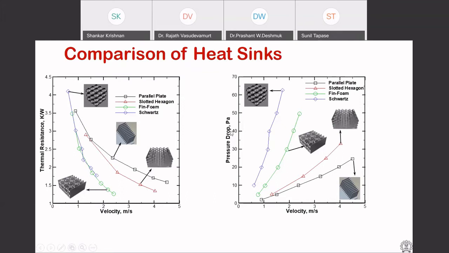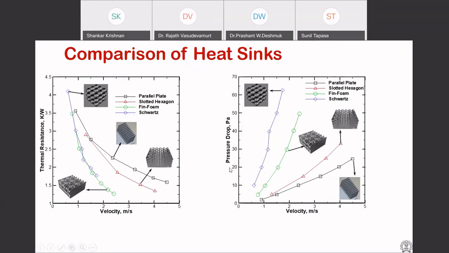But the story changes when you draw graphs for pressure drop across these heat sinks as a function of velocity. The parallel plate heat sink has the lowest pressure drop for a given velocity, while the honeycombs are slightly higher. However, below a certain velocity, the performance improvement of the honeycomb is much better than the parallel plate.